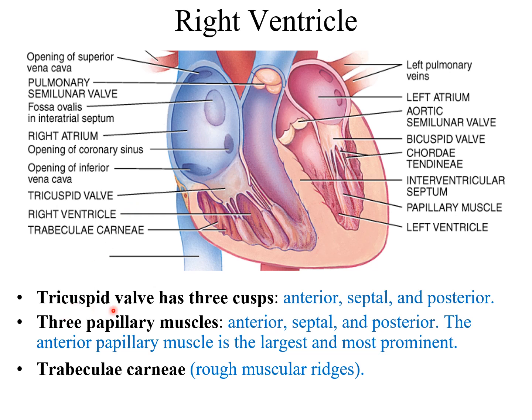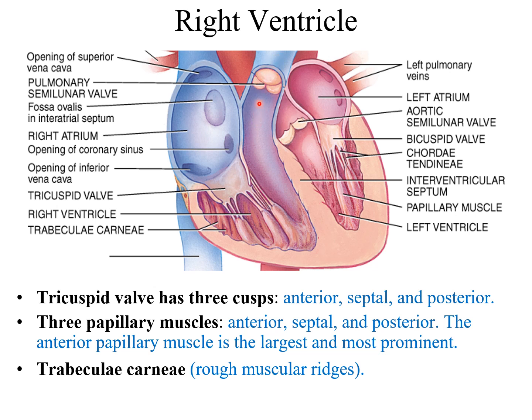So here we can see, already we have discussed, the tricuspid valve has three cusps: anterior, septal and posterior. Three papillary muscles: anterior, septal and posterior, and the anterior papillary muscle is the largest and most prominent, and trabeculae carneae are the rough muscular ridges in the wall of the right ventricle. And along with that we can see this area where the pulmonary semilunar valve is there and the pulmonary trunk is there.